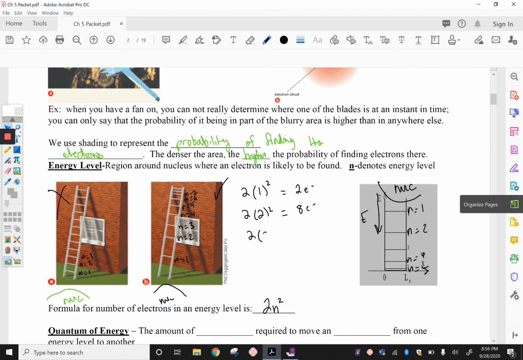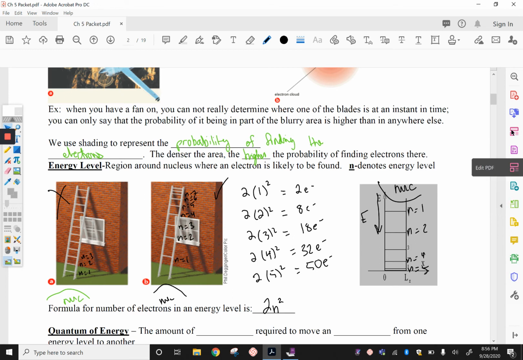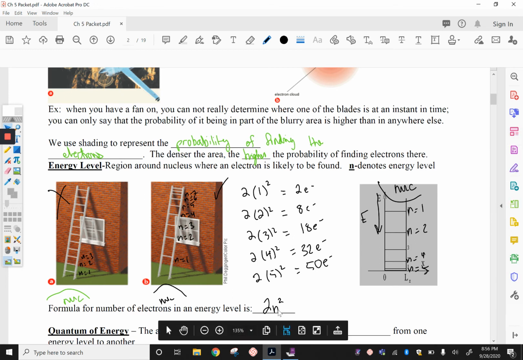The third energy level, 18 electrons. The fourth energy level, 32 electrons. The fifth energy level, 50 electrons, and so on. So on the test, I could ask you, how many electrons are in the fourth energy level, maximum? And so you plug it into the equation. Whatever the energy level is, that's your n there.